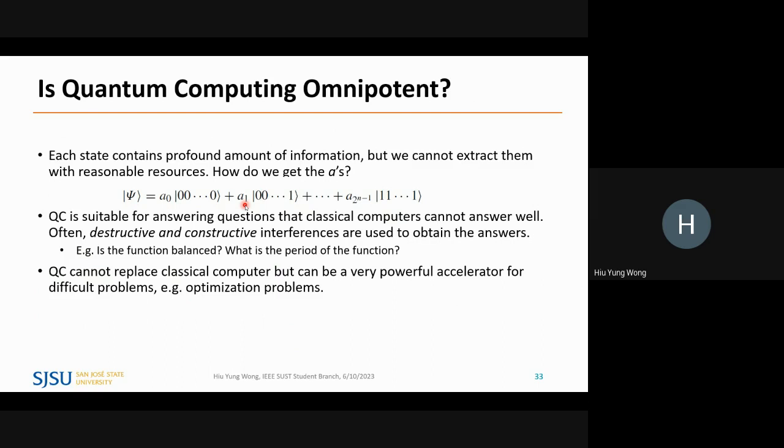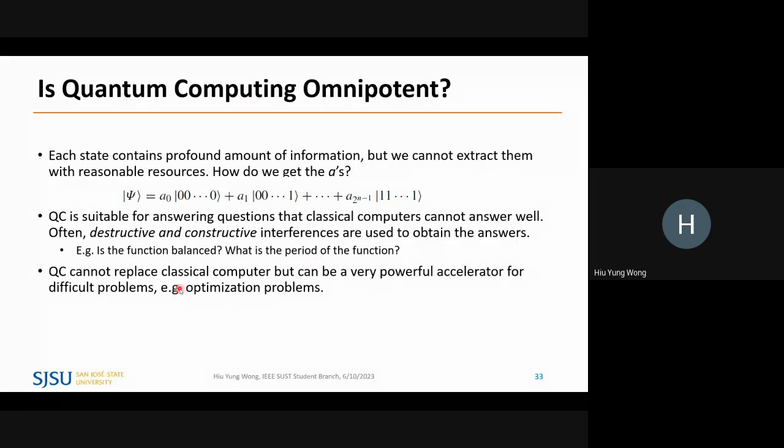You can only do this by measurement, by measuring many times, and at the same time, you only know their magnitude square. So we need to be smart. So what we do is we use some destructive and constructive interference, like what we saw in the Deutsch algorithm, that it will tell us whether the function is balanced and what is the period of the function, which is useful for us to solve some complicated problem.